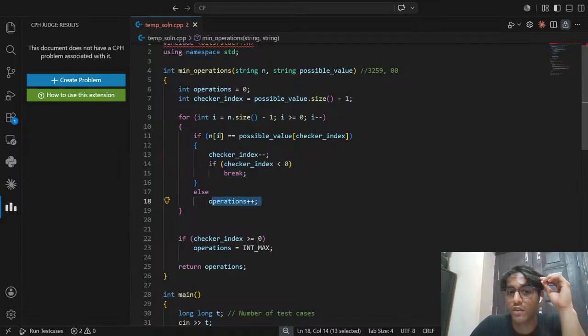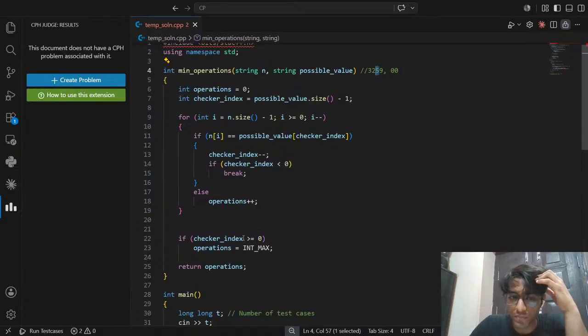Eventually, if n of i is equal to possible value, then we do checker index minus minus, and then we go again. Obviously this is the case for 00, but if we took the case for 25, then this would have worked and we would have come out of the loop.